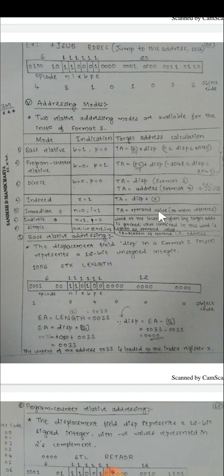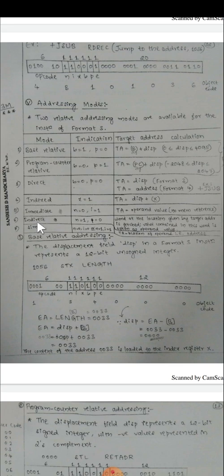Whatever operand value is there in our instruction will be directly taken as the target address. There will be no memory reference or memory usage.